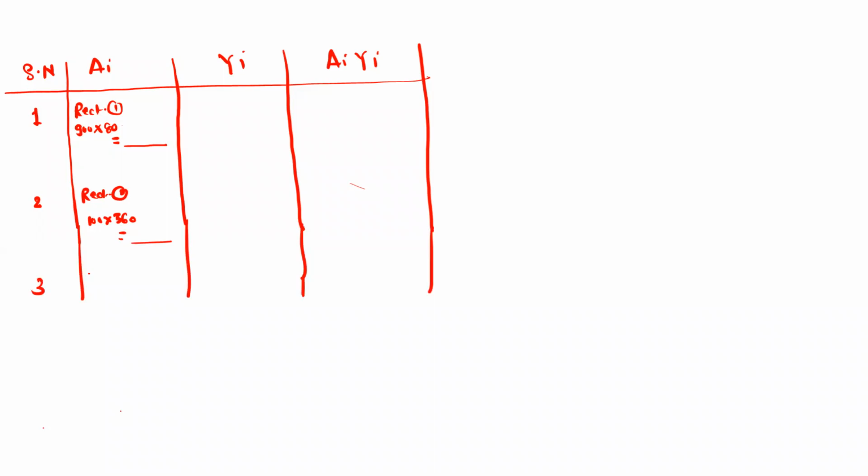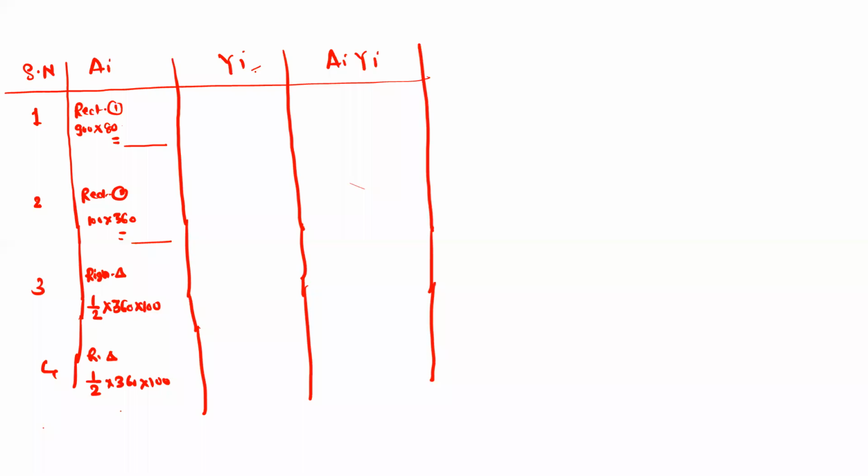Third geometry is a right angle triangle, so its area is 1 by 2, height is 360 and base is 100. And the last geometry is again a right angle triangle having the same area, 1 by 2, 360 into 100.